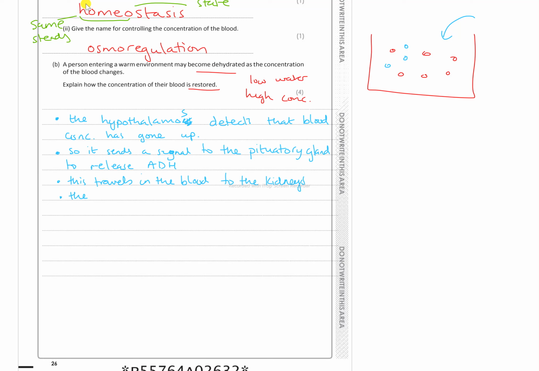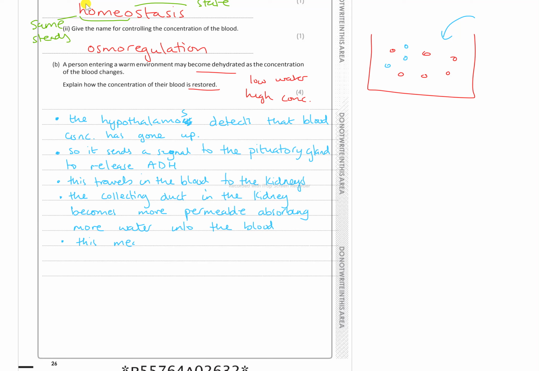The collecting duct in the kidney becomes more permeable, absorbing more water into the blood. What happens next?